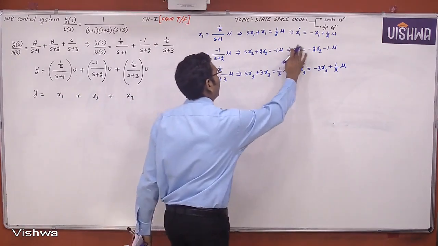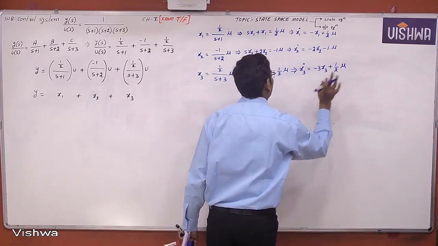So now you know X1 dot, X2 dot and X3 dot are each equal to something.